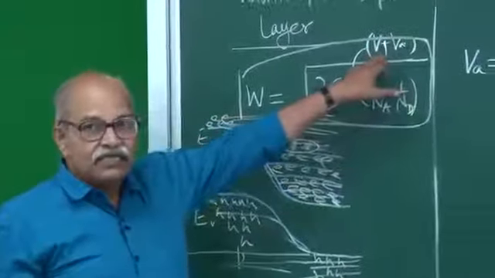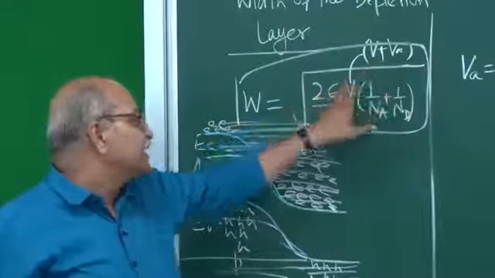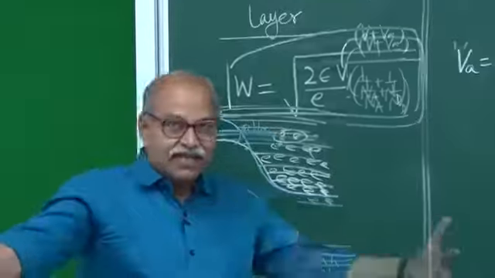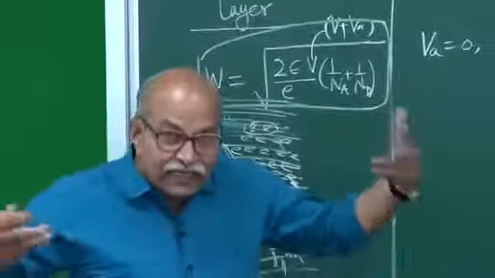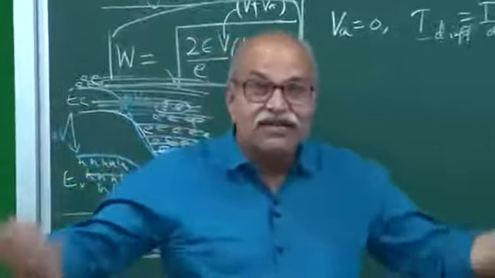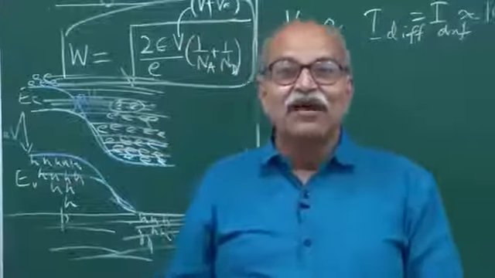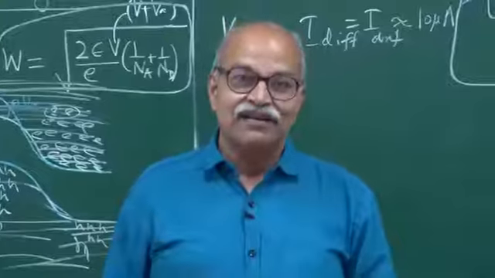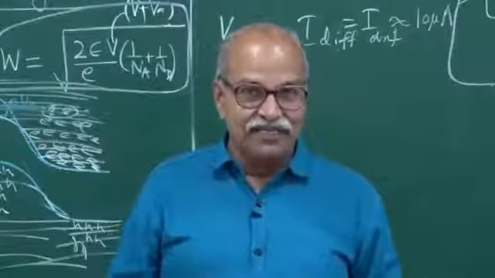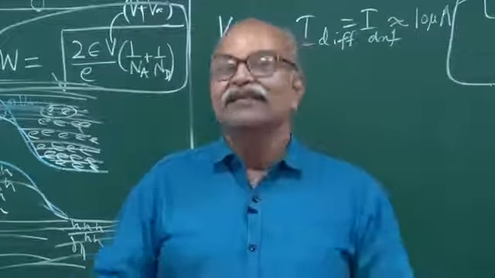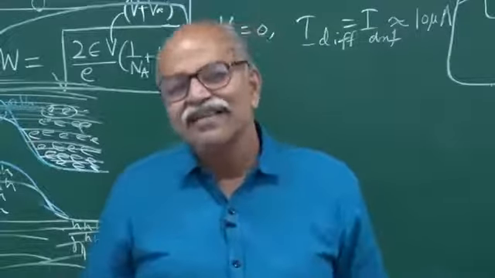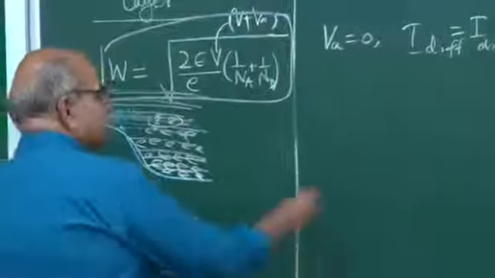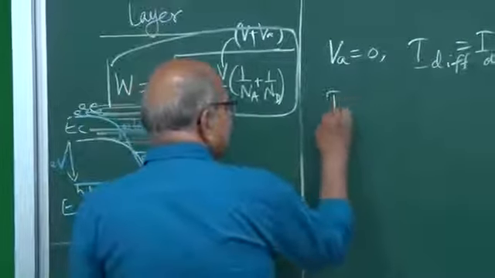You have increased that barrier, and therefore this width will be slightly increased, and therefore in a slightly bigger region, you have those thermal generation of EH pairs. And if more EH pairs are generated in the depletion layer, then the drift current will be slightly more, but that is insignificant, and for all practical purposes you can take that in reverse bias.